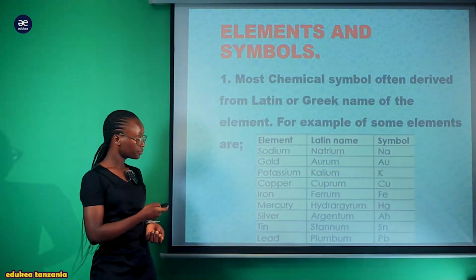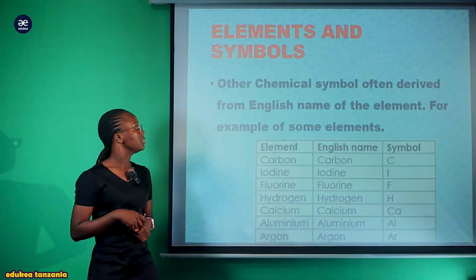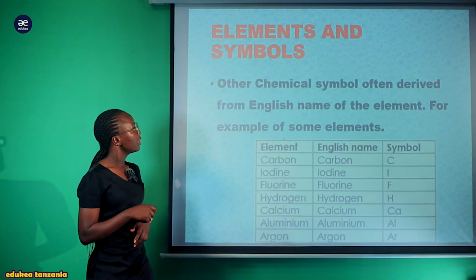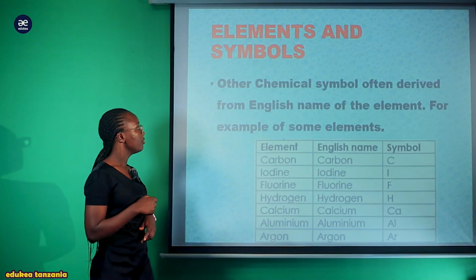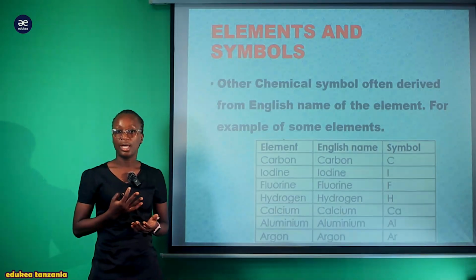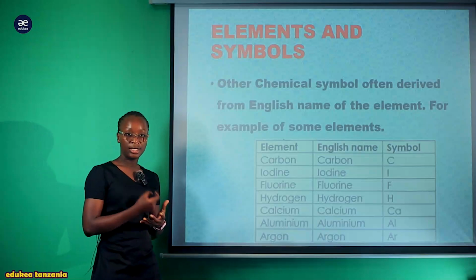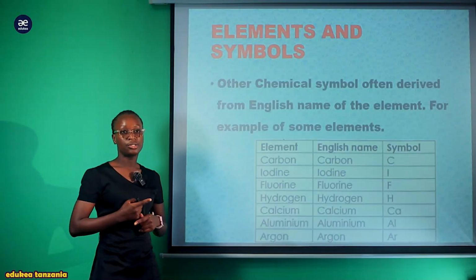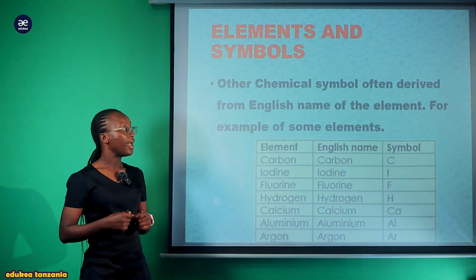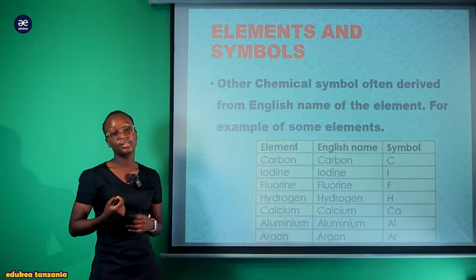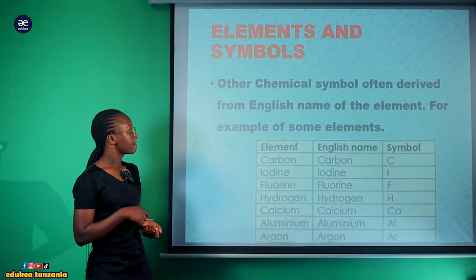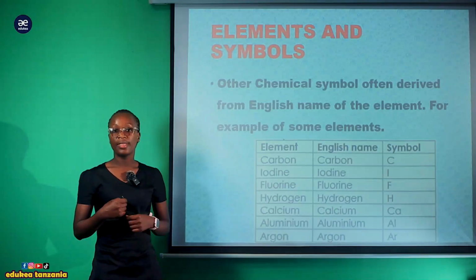Another thing to note is that other chemical symbols are often derived from English names of the elements, kwamba ile English name ya ile element inakupa wewe access ya kufanya representation ya element kwa kutumia symbol fulani.